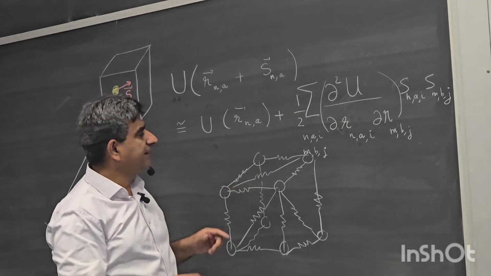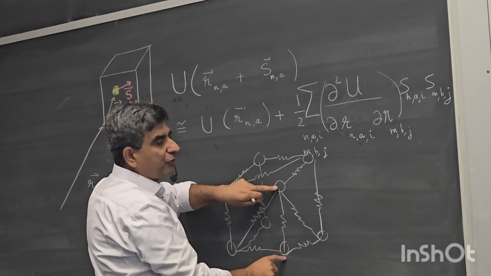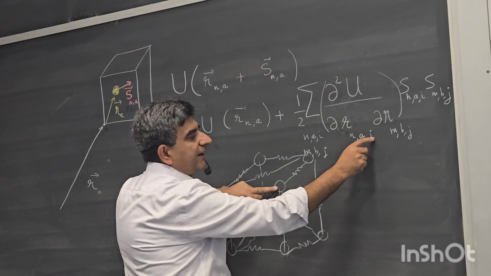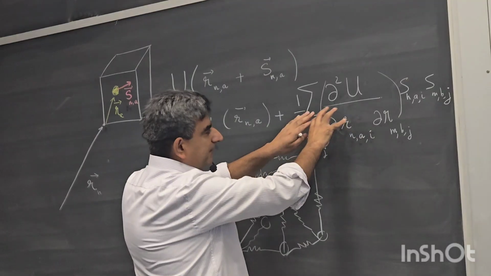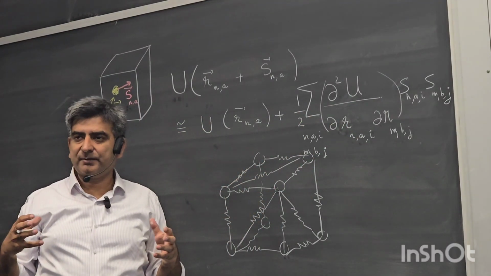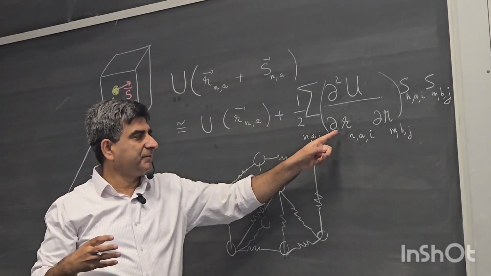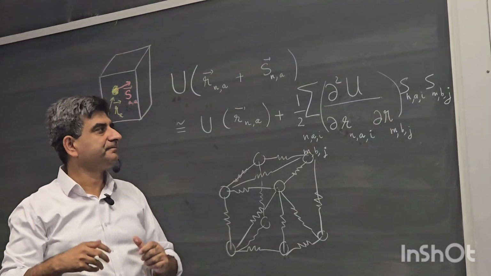Only that this constant depends upon the interaction between two objects, two atoms with their own displacements R_{nαi}, R_{mβj}. So this is really telling us something about how far apart those atoms are, which is given by the presence of both of these displacements, and how big the interaction is.